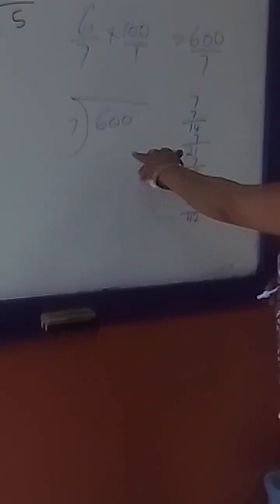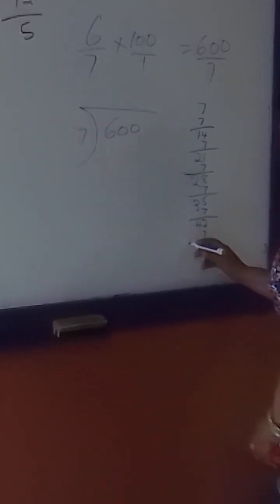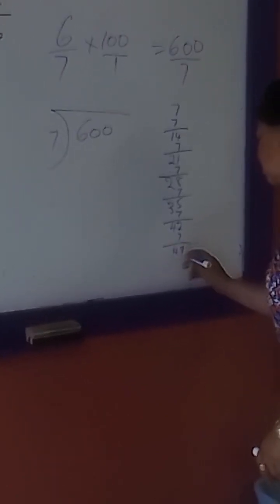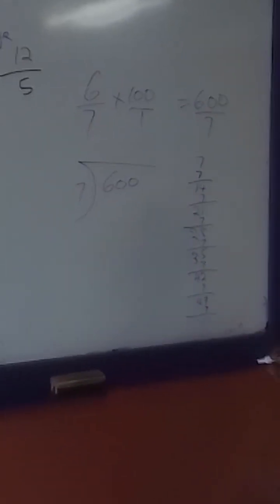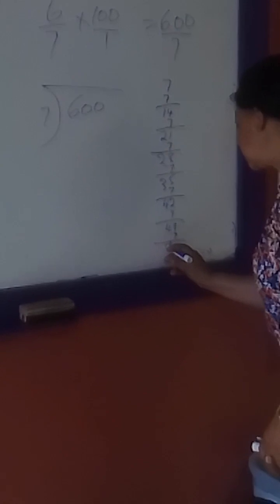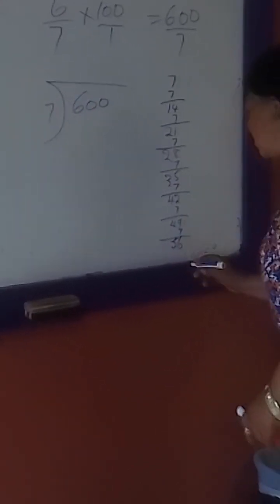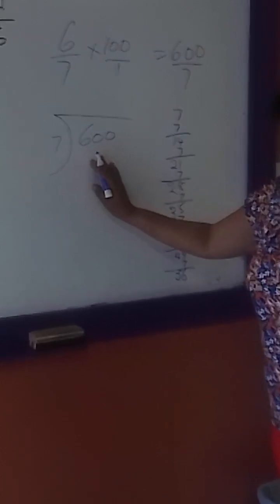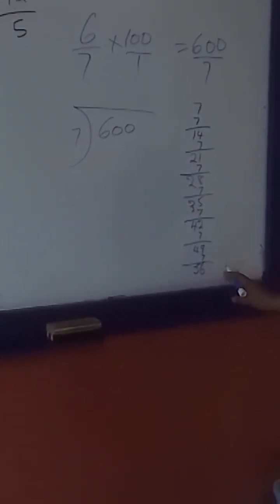Plus another 7, 49. Plus another 7, I'm going to get 56. And it sounds like I could stop right there because if I add another 7, it's definitely going to be more than 60. Another 7 would give me 63. So that's more than 60, so I'm going to stop right there.